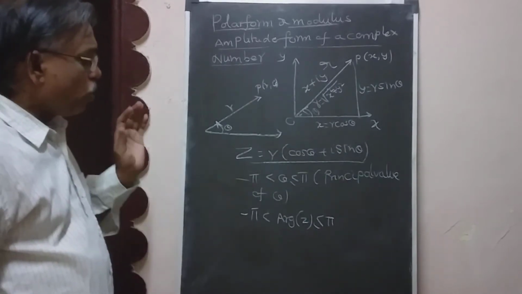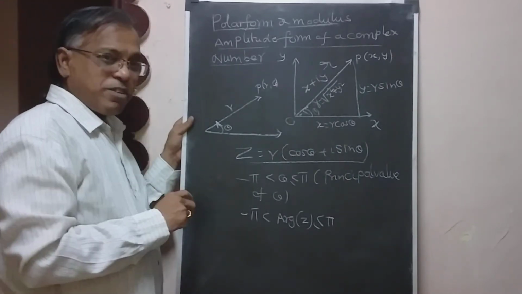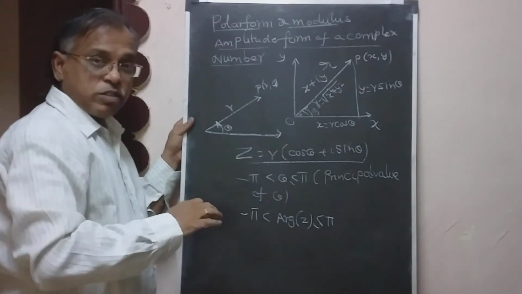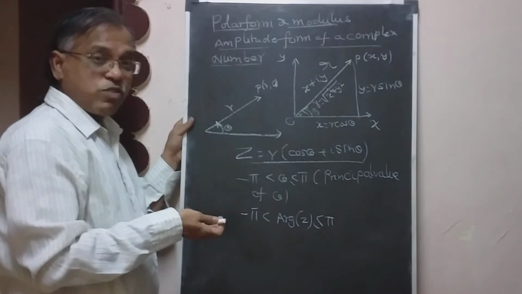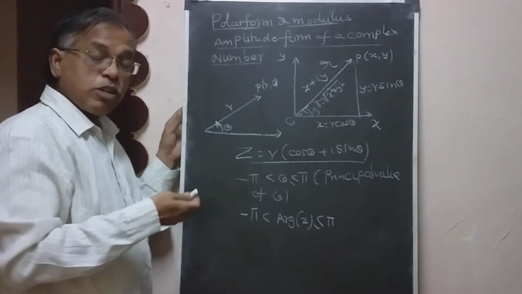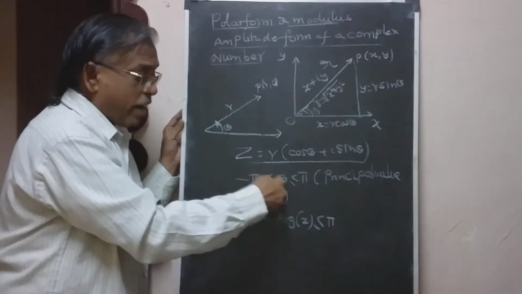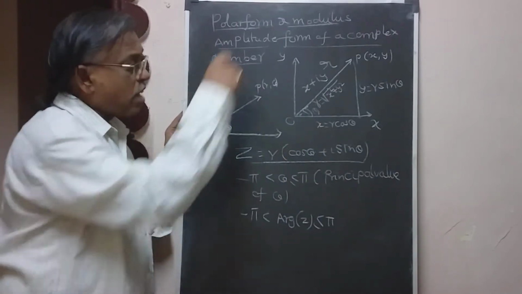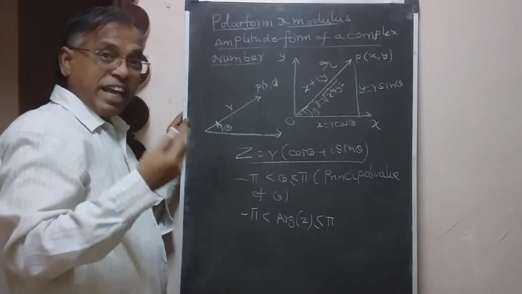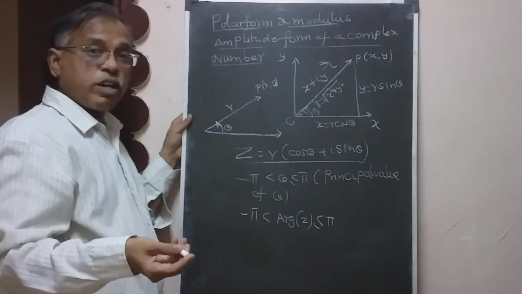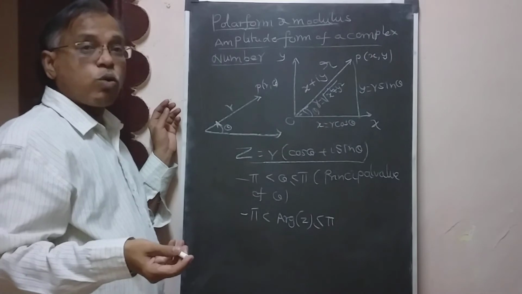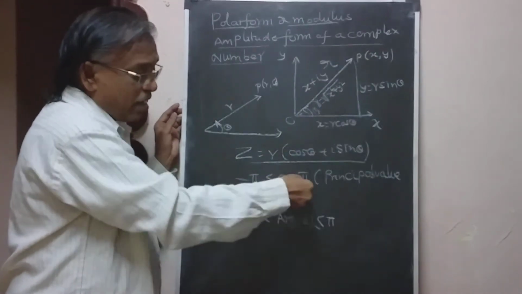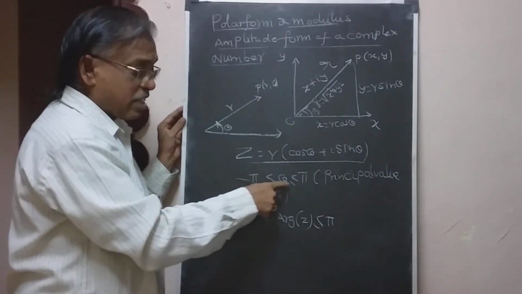But this theta value lies between minus pi and pi. That we are going to see. Depending upon the quadrant where this z lies, theta also varies. For each and every value, theta is not the same, because this complex number z might lie in the first quadrant, or second quadrant, or third quadrant, or fourth quadrant. You understand? So that's why this principal value is given: minus pi less than theta less than or equal to pi.